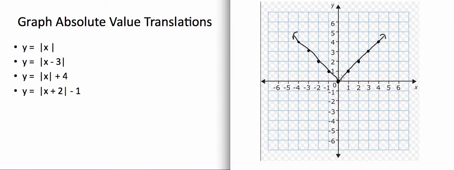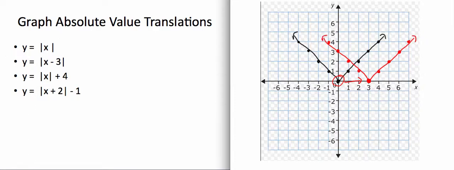So we're going to take this first point here and slide it 3 spots to the right, so this first point becomes 3, 0 instead of 0, 0. And then everything else stays the same. We still have our normal V shape here. All of the places just slid to the right 3 spots. So now we've got our graph there.